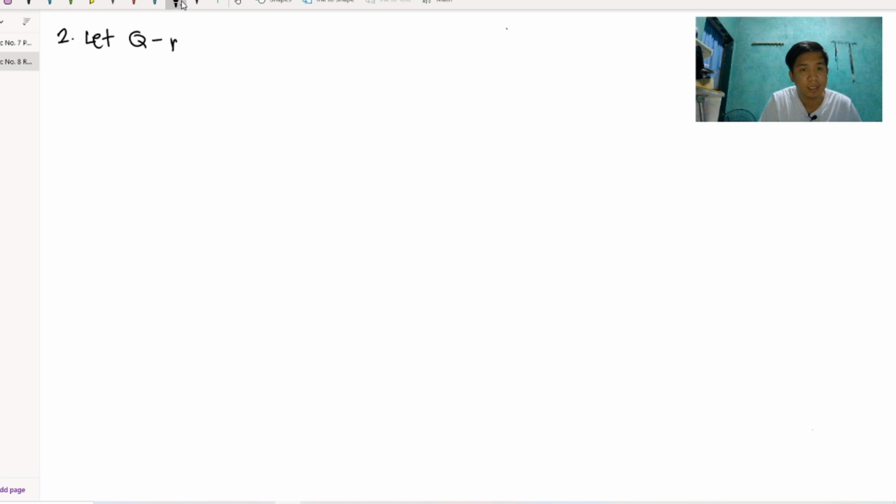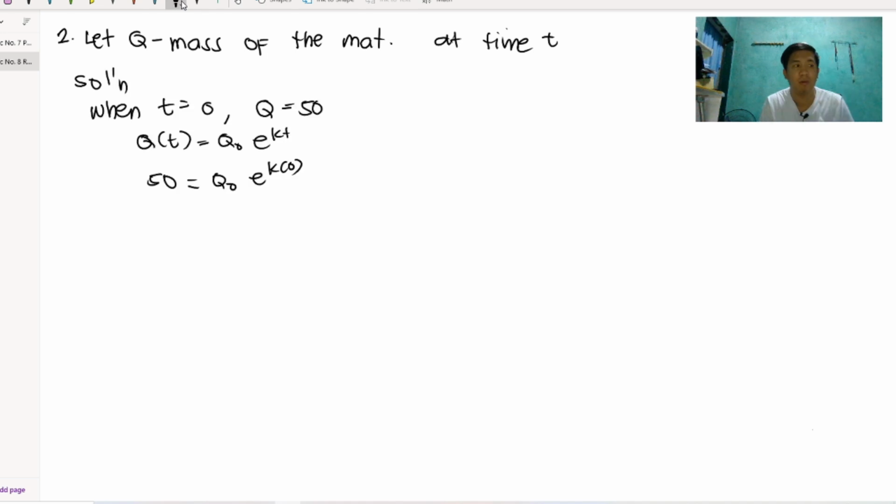Okay, so for the solution, when t is equals to 0, meaning that our Q here is 50. So, using the formula of Q of T is equals to Q sub O E raised to KT, our Q here will be 50 is equals to Q sub O E raised to K times 0. Any number or any variable raised to 0 is always equal to 1. So our Q sub O here is 50.